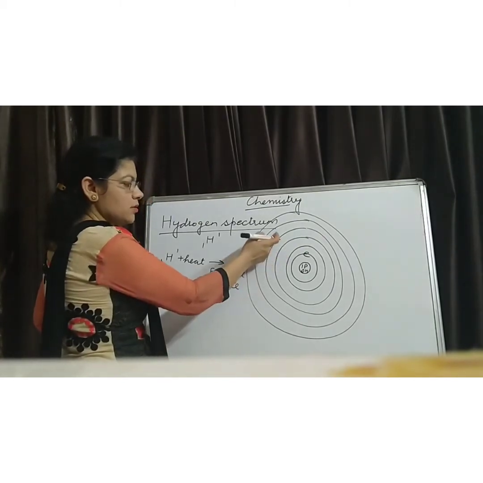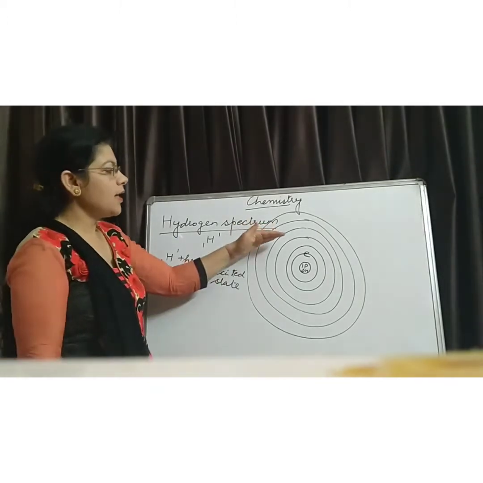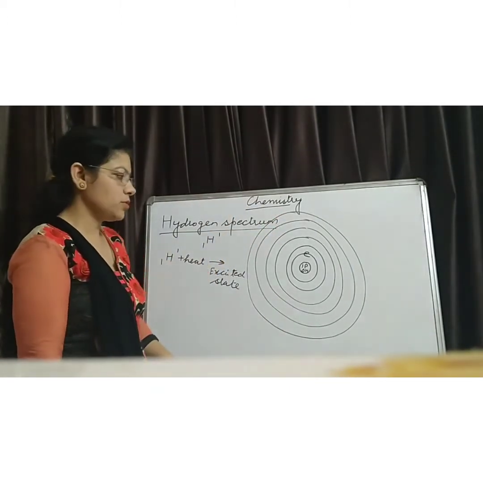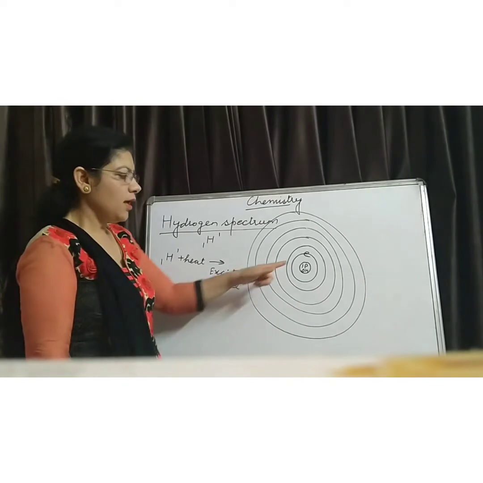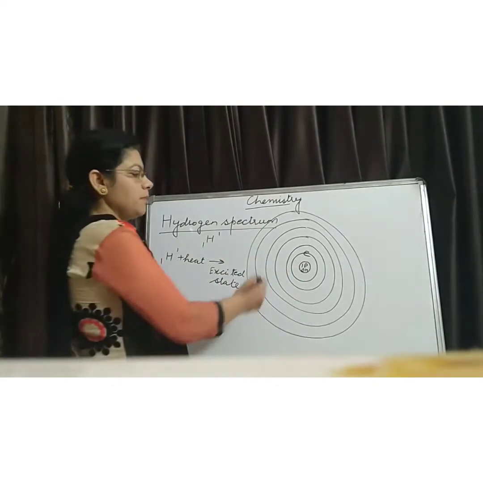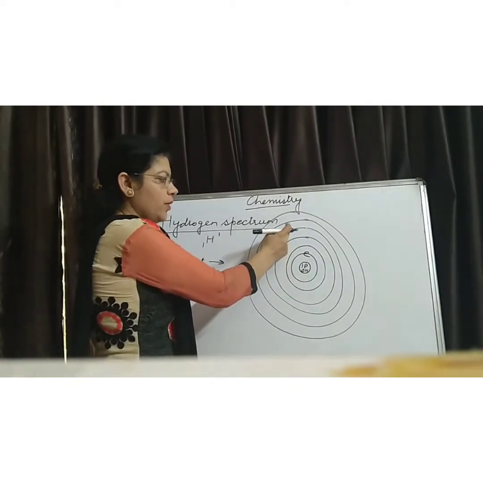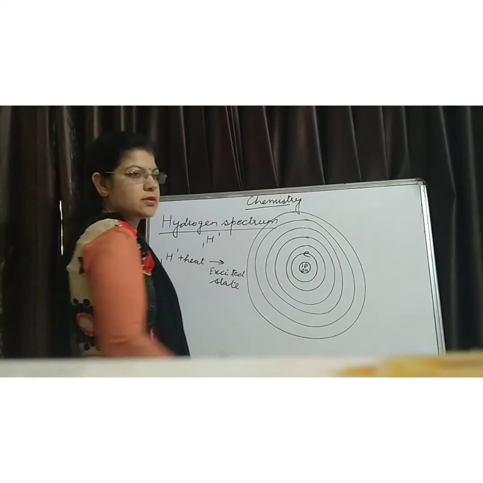These all orbits are known as the excited orbits for the hydrogen. When we supply energy to this electron, it may jump into second orbit, third orbit, fourth orbit, fifth or sixth.